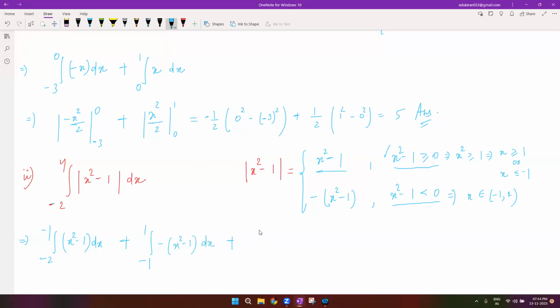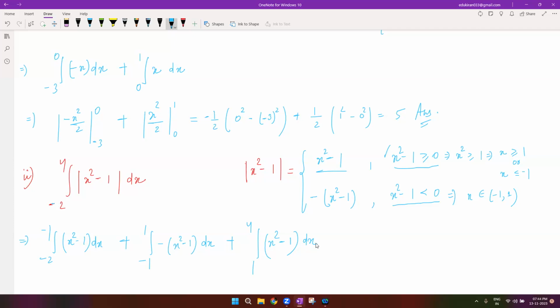And for 1 to 4, the function is again x square minus 1. For all the values of x greater than or equal to 1 or less than or equal to minus 1, the function is x square minus 1. And for all the values of minus 1 to 1, the function is minus times x square minus 1. You can solve this to get your final answer.